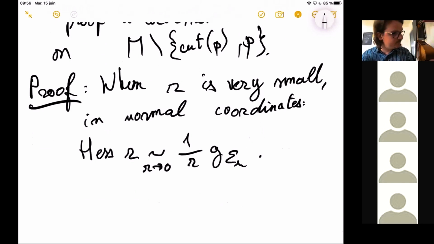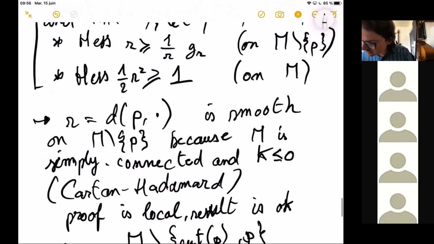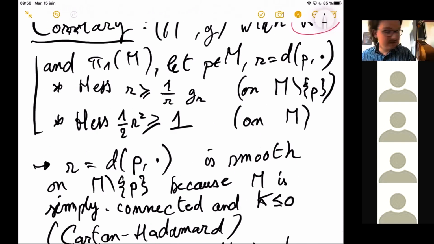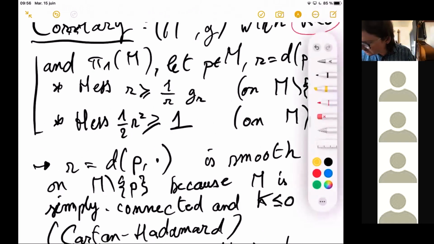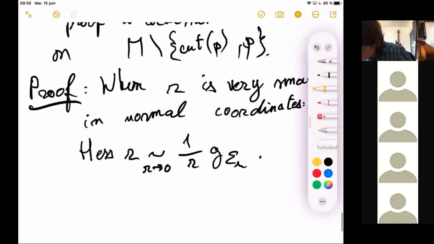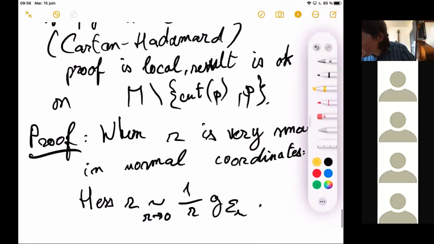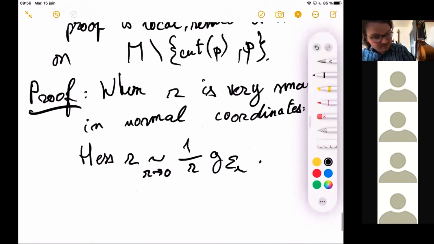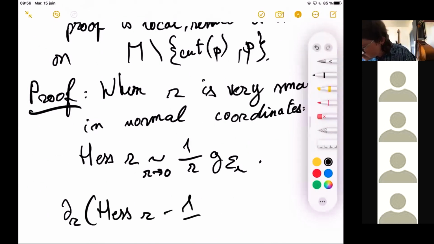Okay, so now we want to show this inequality here first. We will see the second one afterwards. So we will take a derivative and see. We know that it goes to 0 when R goes to 0. So we'll take the derivative and see what's going on. So what is the derivative then of Hessian of R minus 1 over R g sigma R?